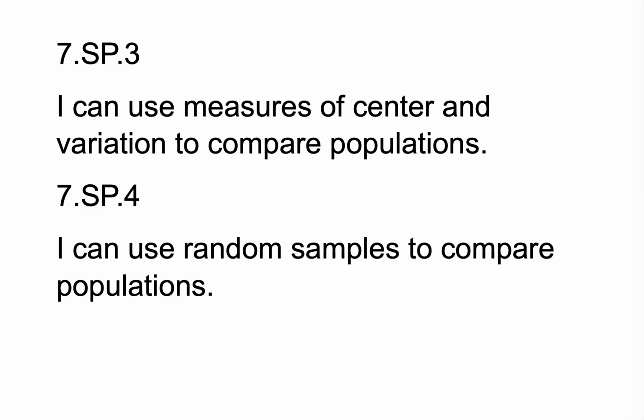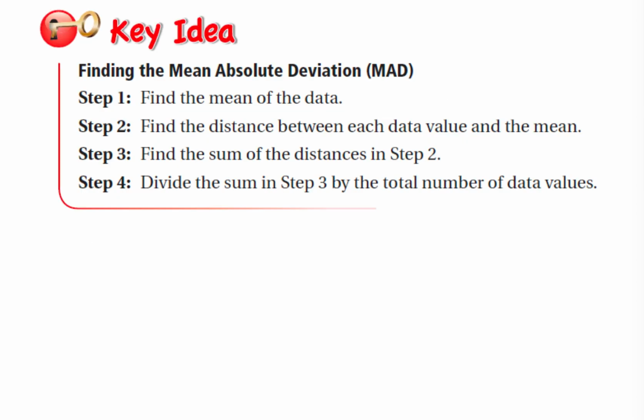For our first key idea, we are going to talk about mean absolute deviation, also abbreviated MAD. Step 1 is to find the mean of the data. That's when you add them all up and divide by the number of numbers. Step 2 is to find the distance between each data value and the mean.